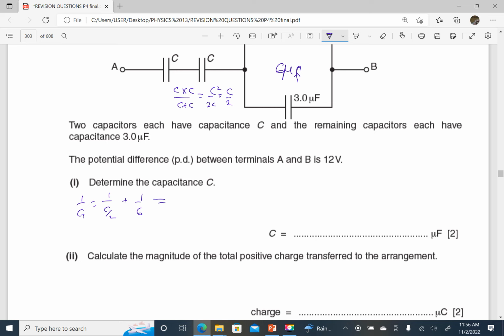But remember the total was given as 4.0. So let me just first get the totals so I equate it to 4.0. So this means 1 over C total is going to be product over sum.